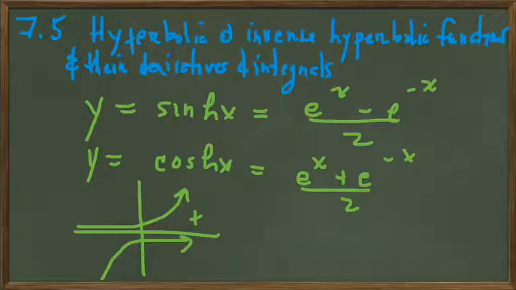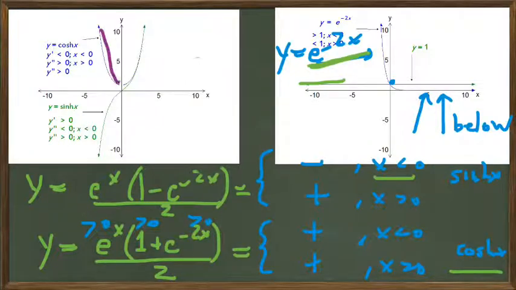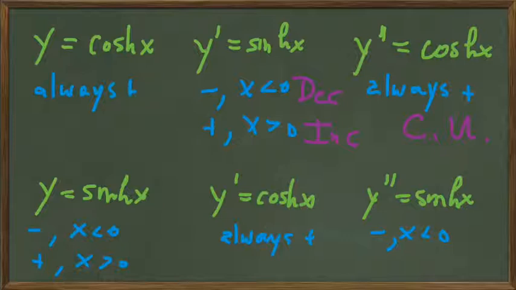And we go back and look at the graph and see that it is bowl-shaped up, and so yes, it is concave up. And now we're going to do a similar analysis for the sinh function.